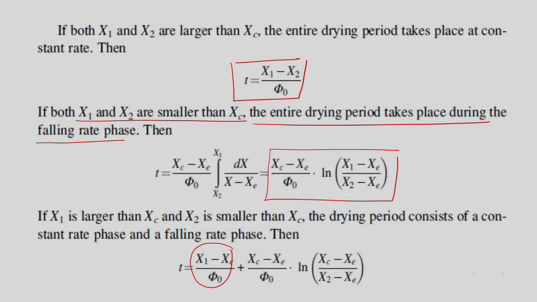Your falling rate period starts with xc minus xe divided by phi naught into ln of xc minus xe, because the initial moisture content here is replaced by xc, divided by x2 minus xe. This is the way we calculate the drying time.